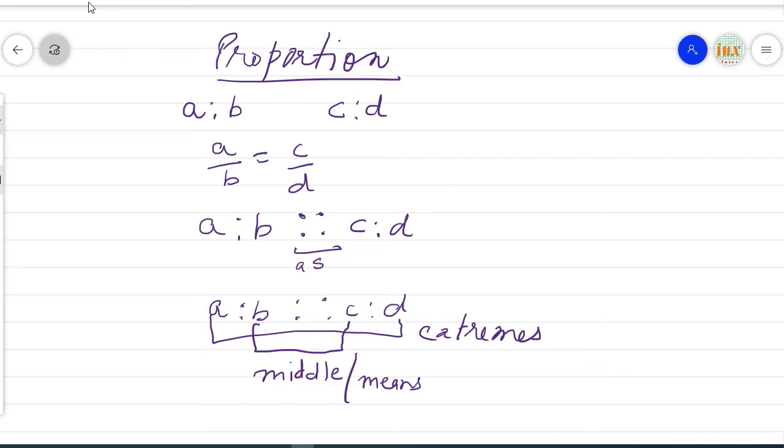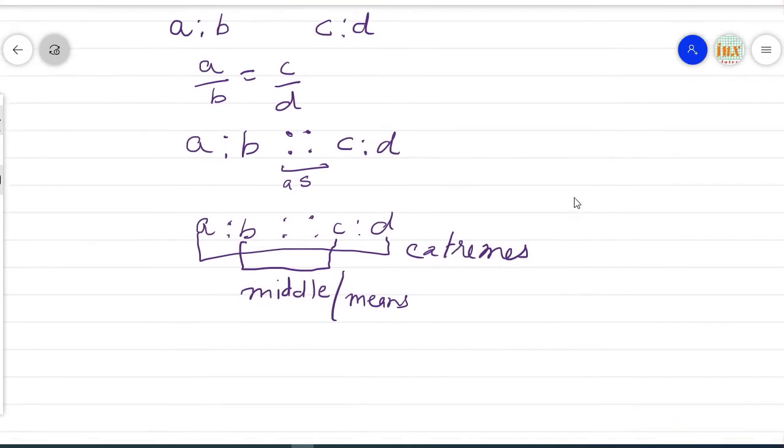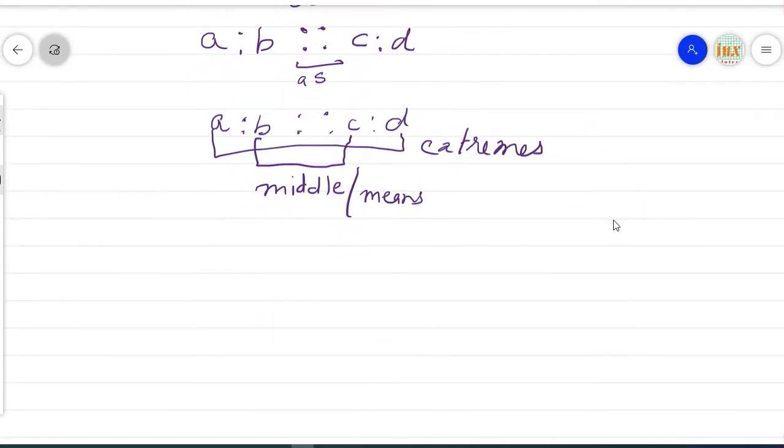Now children, when the quantities are in proportion, let's suppose we have A upon B, that means A is to B is in proportion to C is to D. In that case, the product of extremes is equal to the product of means.